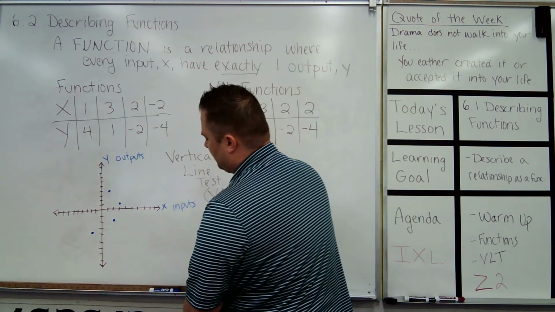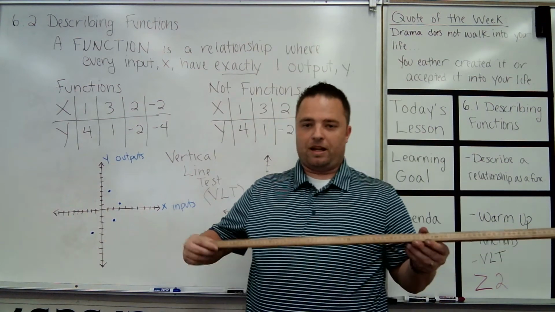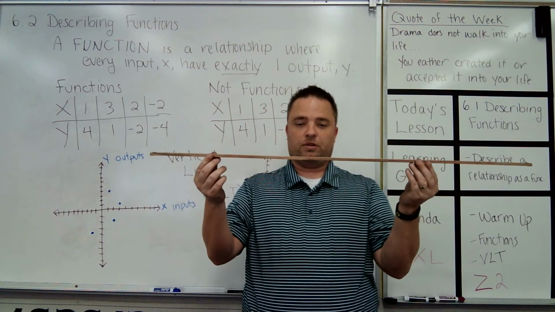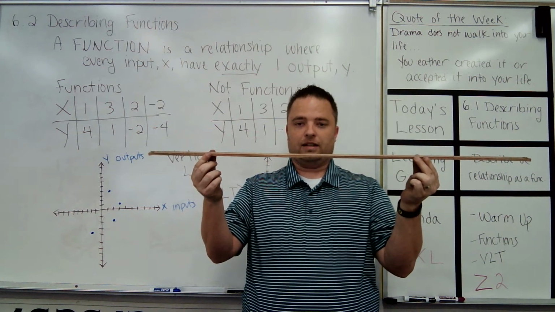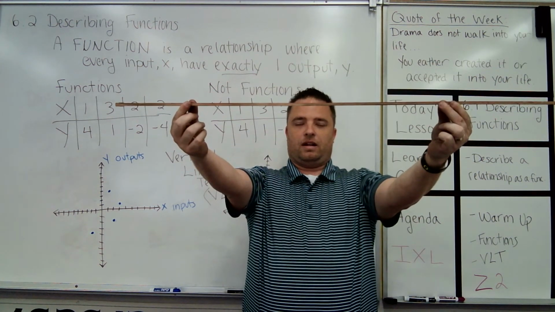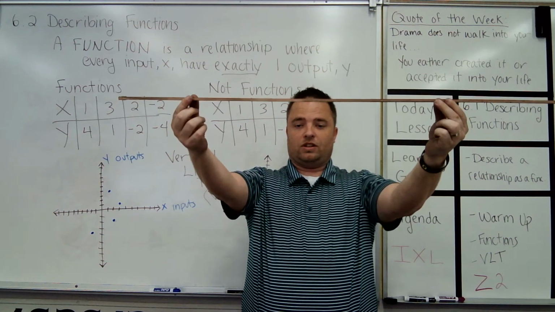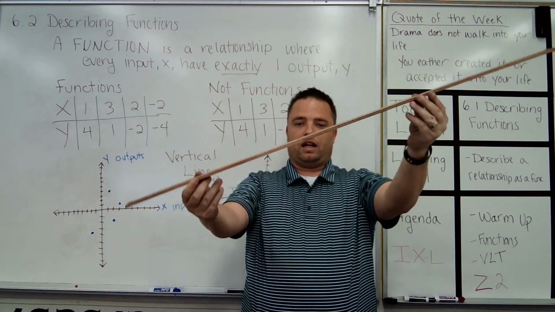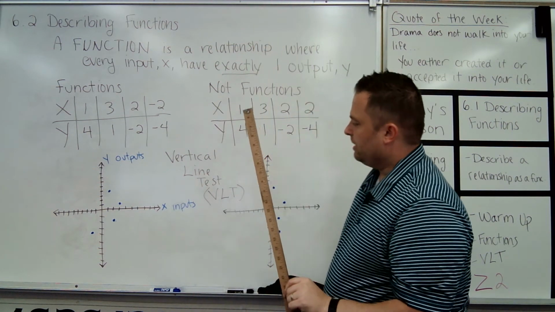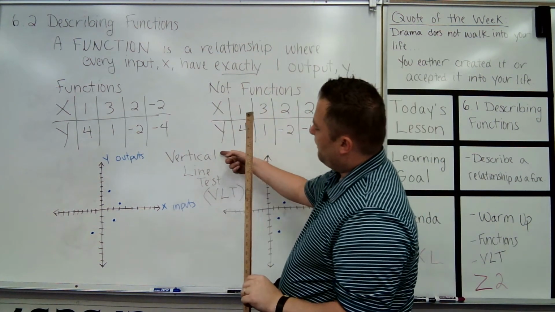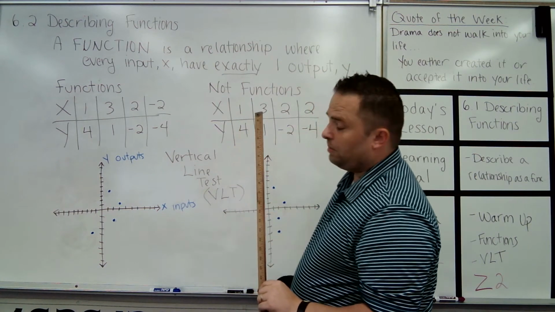What that basically means is we're going to imagine that we have a line. We're going to say this ruler represents a line. This is an example of a horizontal line, right? Like looking off on the horizon, like when you've been to the beach. A vertical line is a line that goes like this. So we're going to be using a vertical line to implement a test.